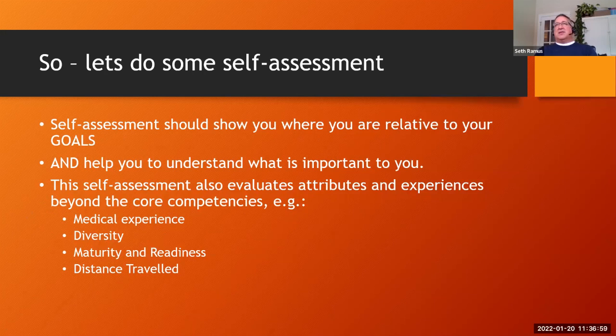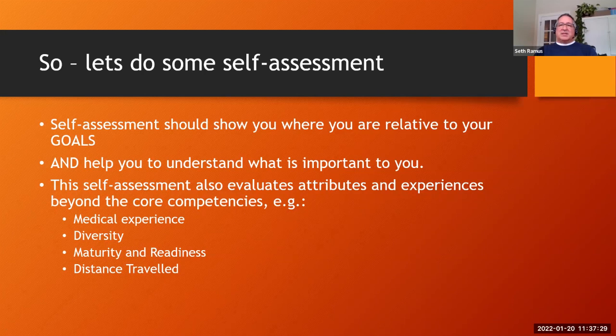And I think that students get so caught up in a timeline that they stop thinking about whether they are ready. And just to be blunt, if you're applying before you're ready, you are not showing your maturity or your wisdom. And that doesn't sit well with medical schools.